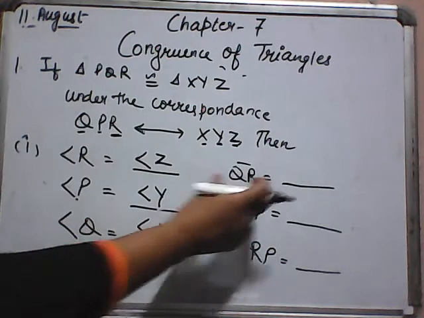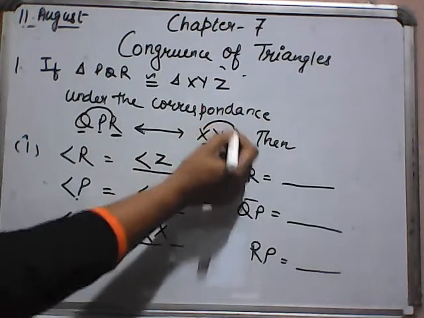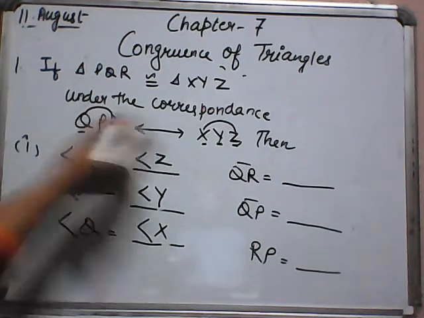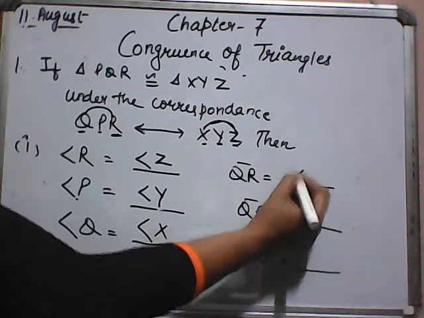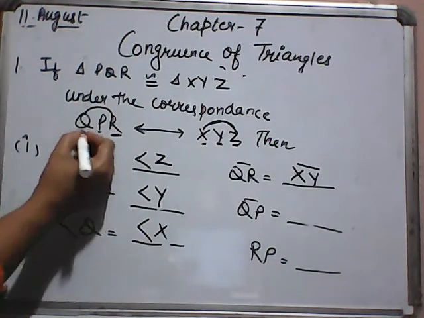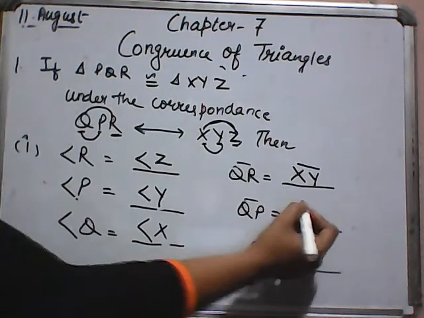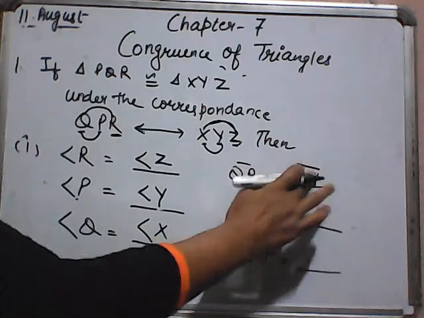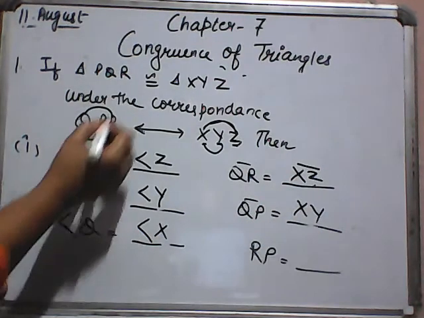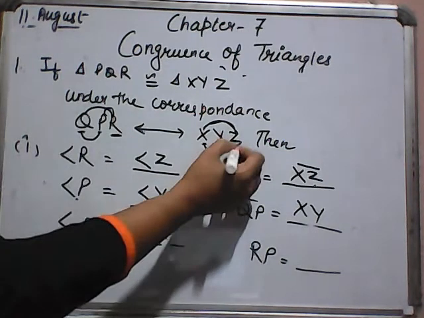Now sides. QR is first and third vertex. Here also first and third vertex, so QR corresponds to XZ. QP is first and second vertex. Same here, first and second vertex: XY. RP is third and second, here third and second: ZY.